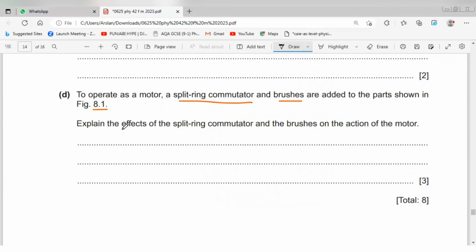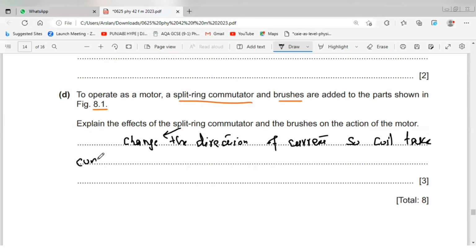First of all, split rings basically change the direction of current so that the coil takes complete rotation. And in the case of carbon brushes, I can write CB.